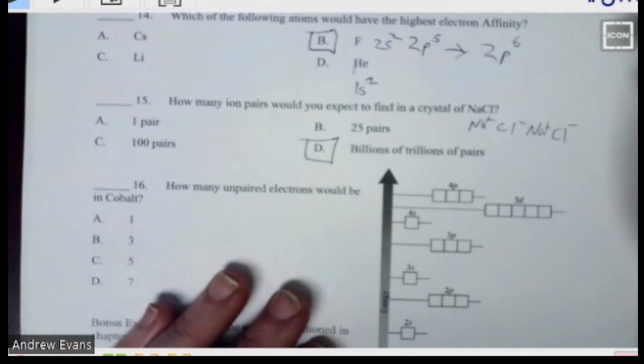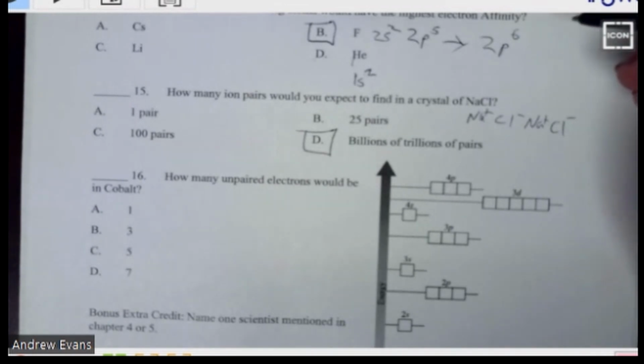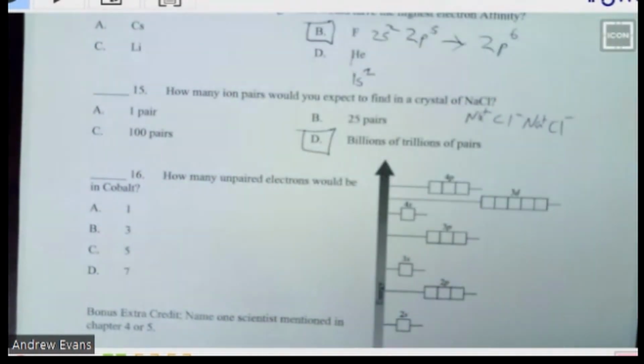A salt crystal contains millions and billions and trillions of ions, little atoms stuck together to form a normal salt crystal. We simplify it down to one in the formula unit, but it's really billions and trillions.